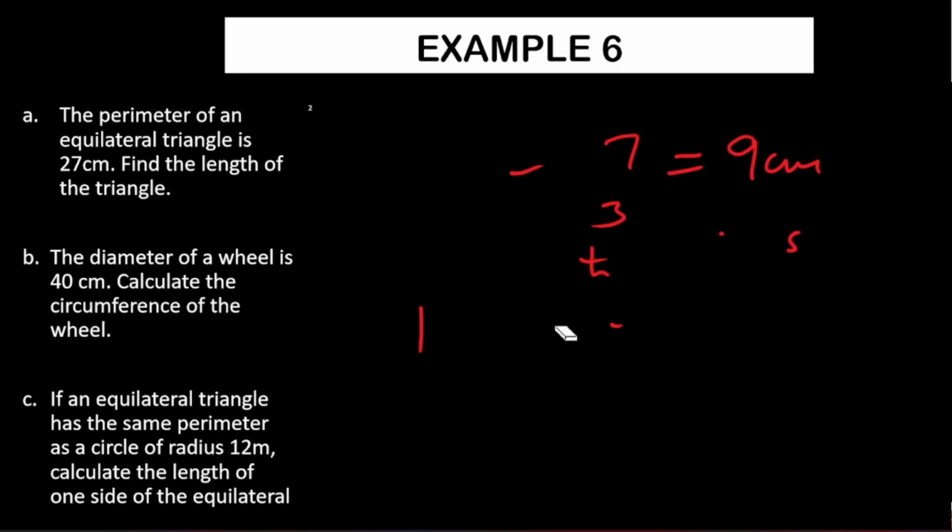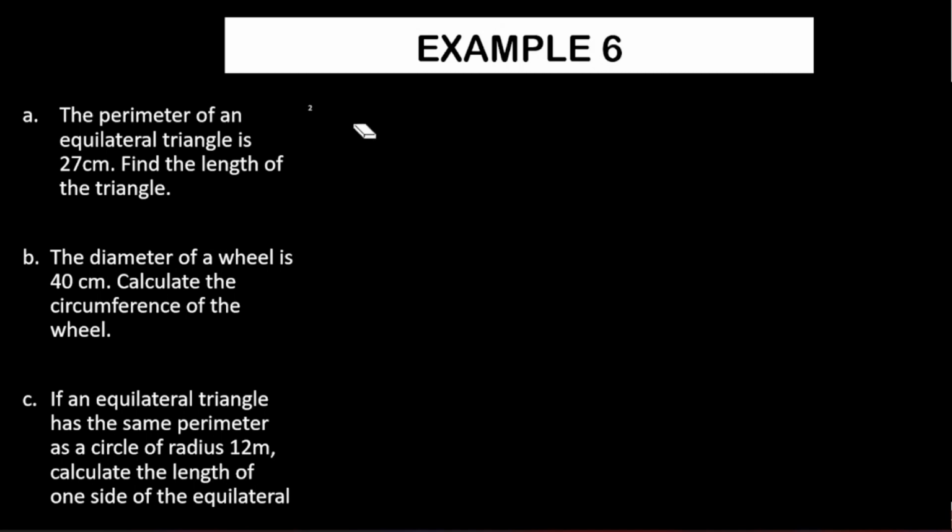B, the diameter of a wheel is 40 centimeters. The diameter of a wheel, you know wheel, that is where they put the tire inside the car. You know that. And it's in the form of a circle. So calculate the circumference of the wheel. The diameter is given to be 40 centimeters.